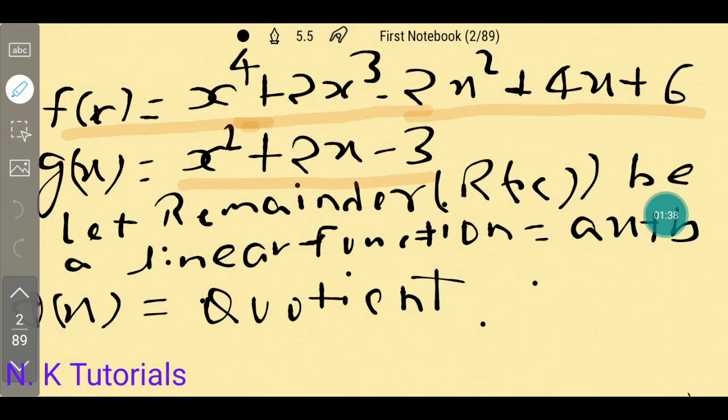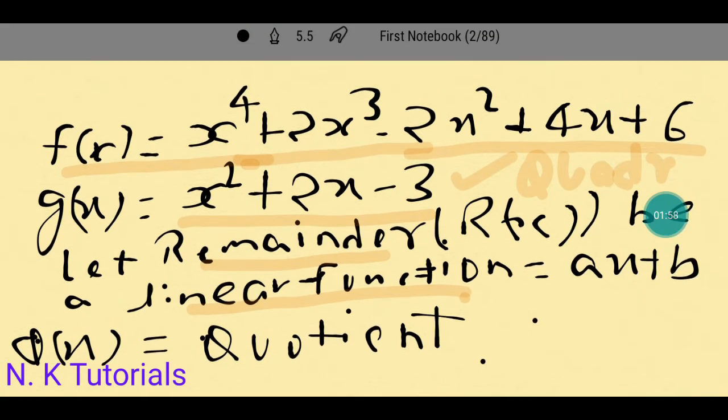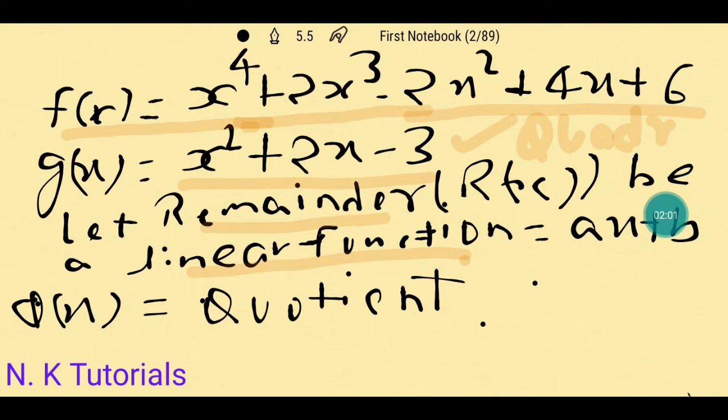We have assumed that the remainder, since the divisor is a quadratic, will be a linear function. It is damn sure. If the divisor is quadratic, then the remainder will be a linear function.